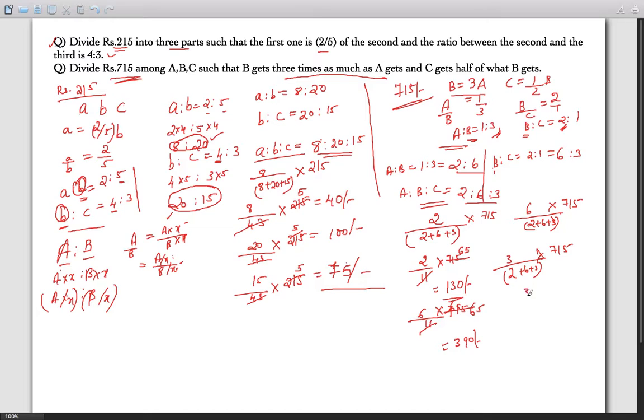And the third one is 3 by 11 into 715. 65 into 3 will give you 195 rupees. Now you have divided this 715 into three parts. What are the three parts? Here your answer is 130, 390 and 195 rupees.